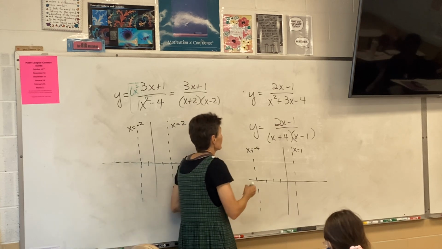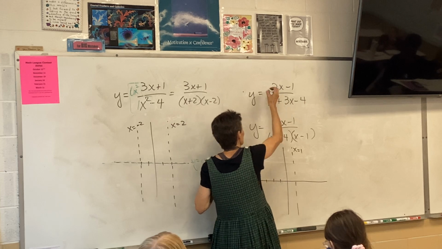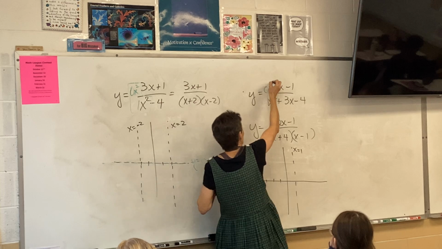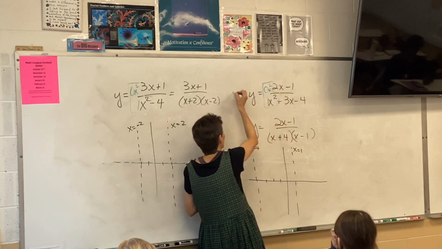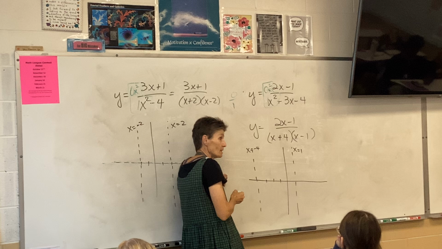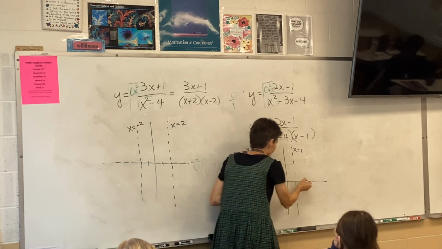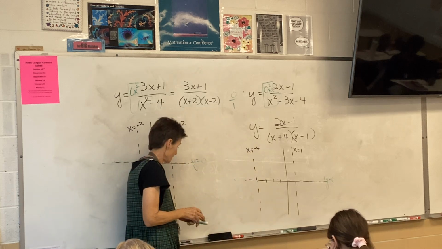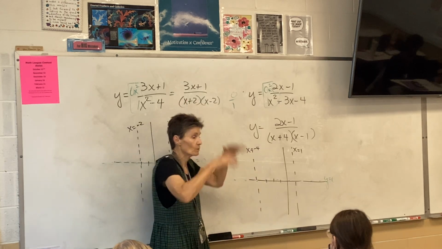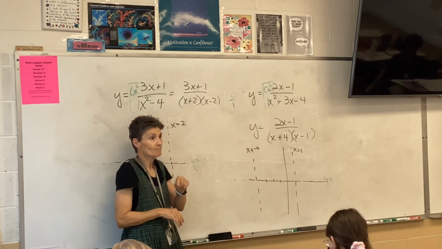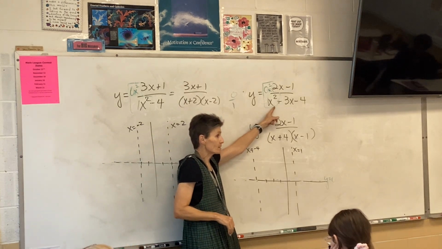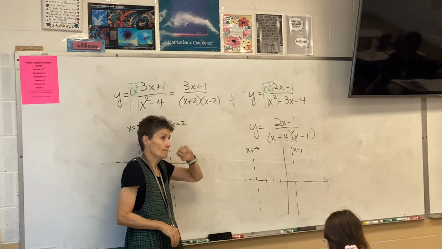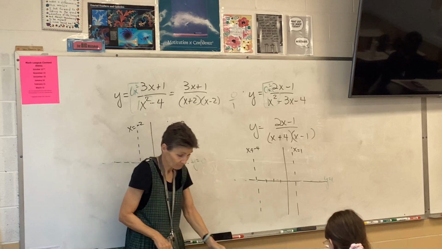X squared. I have one of them on the bottom, but none of them on the top. So when I box that in, I get 0 over 1, which is 0. Here's something to stash somewhere: anytime the bigger power is on the bottom, you're going to have 0. Anytime the big power is on the bottom.